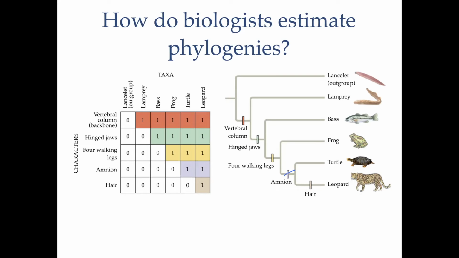It's not the case of amnion, but let's say trait B disappeared in turtle. It was present in everyone else until here, but then it disappeared in turtle and leopard. So we would represent it by a crossed vertical line to say that that was a disappearance and not an appearance of the trait.